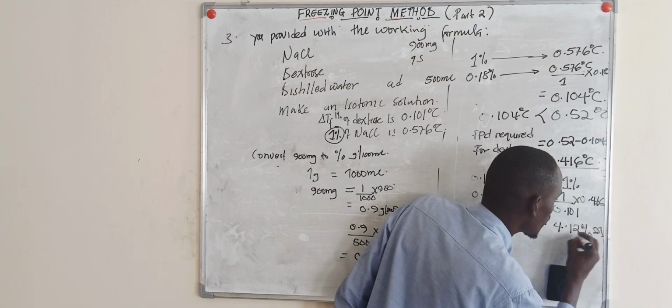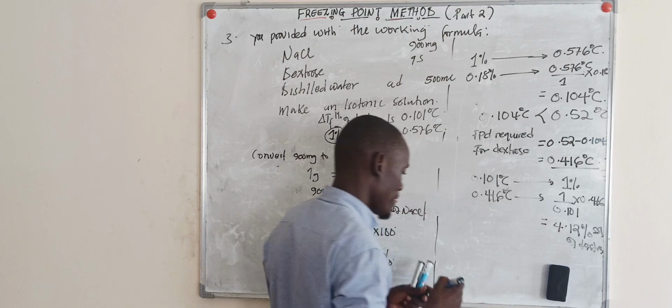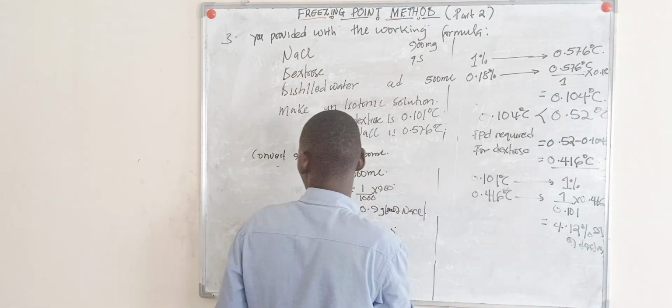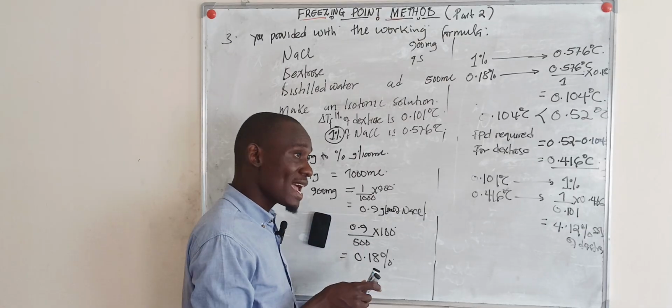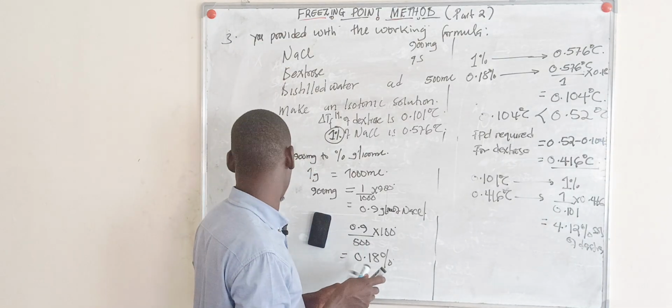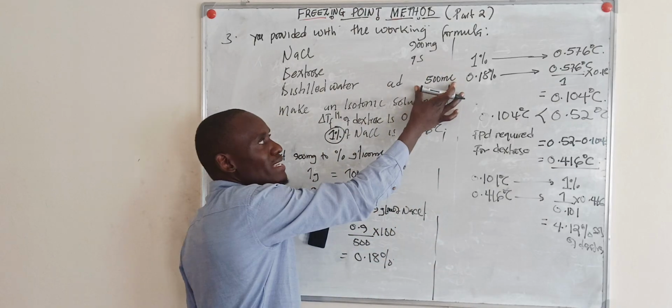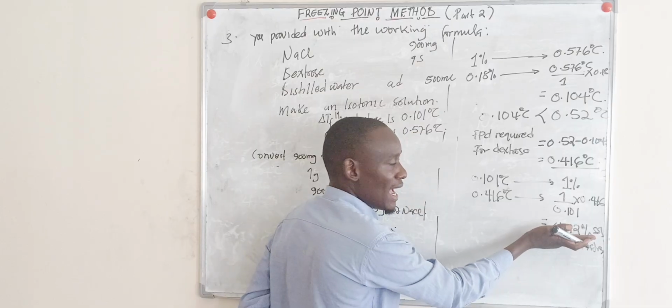4.12% solution of dextrose. But remember, our aim here is to calculate what quantity of dextrose is required in this case. So we are going to say the quantity required is 500 mils, but this is in 100.